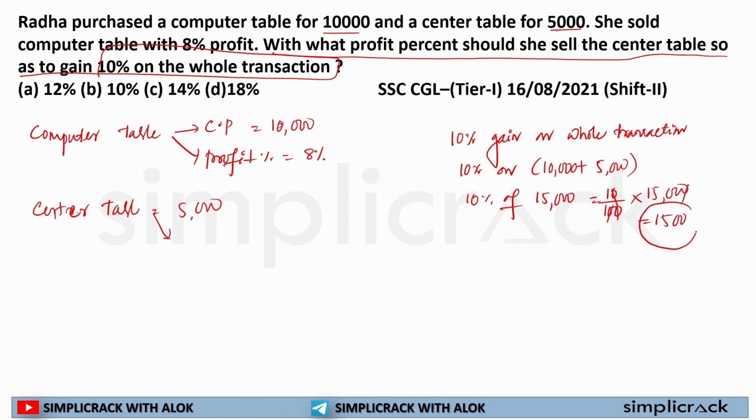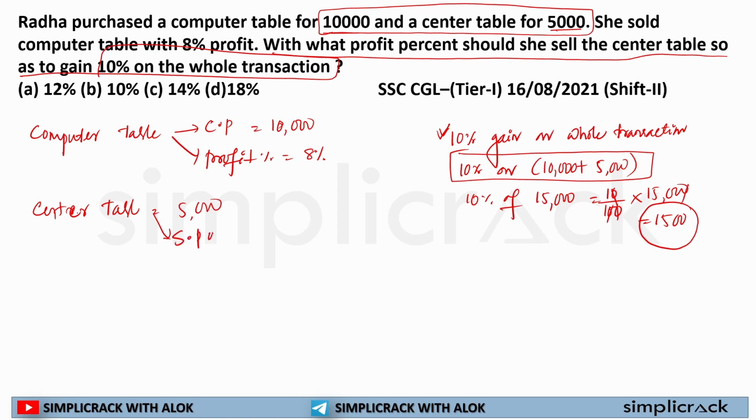So in order to get 1500 profit, I hope you are getting it. 10% gain on whole transaction means 10% gain on the total cost he paid for both the things. So now 10% on both things is equal to 1500. So in order to get 1500, what should be the selling price of center table?